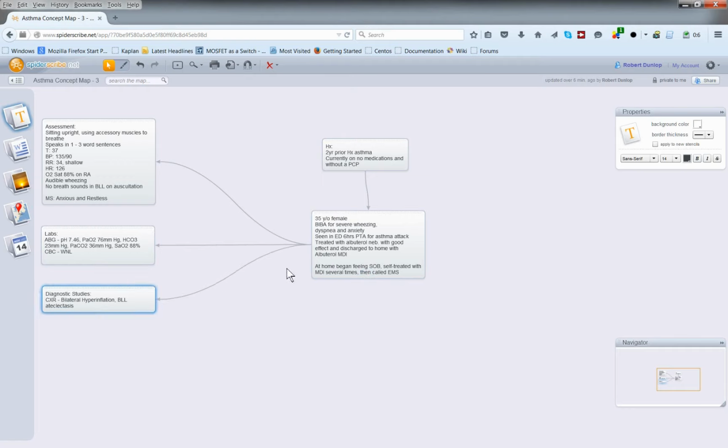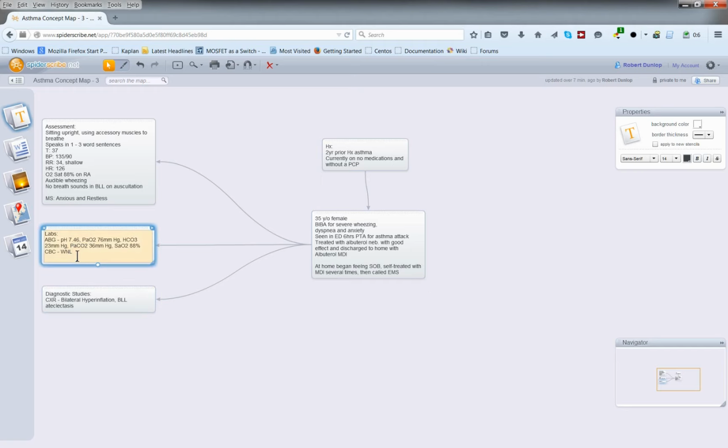Her ABG: she's a little alkalotic with a pH of 7.46. You noted earlier that her O2 sats were 88%, and the ABG indicates that as well, with a PaO2 of only 76 millimeters of mercury. Her bicarb is basically in the normal range at 23, and her PaCO2 is also normal at 36 millimeters of mercury. But O2 sat, 88%.